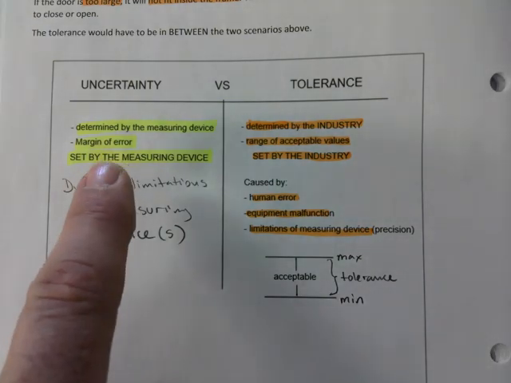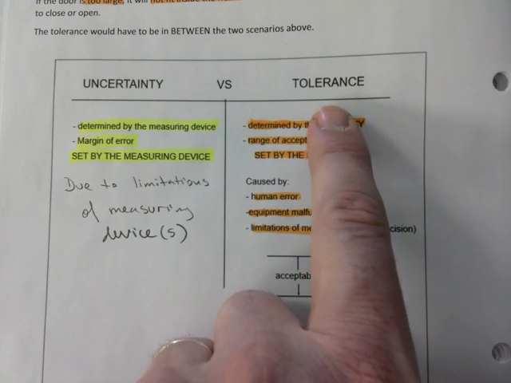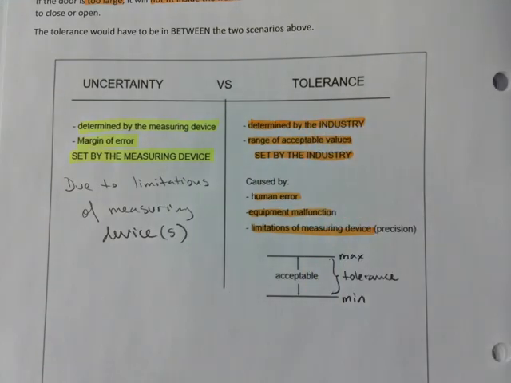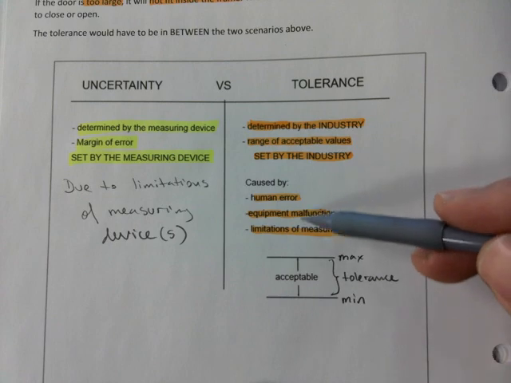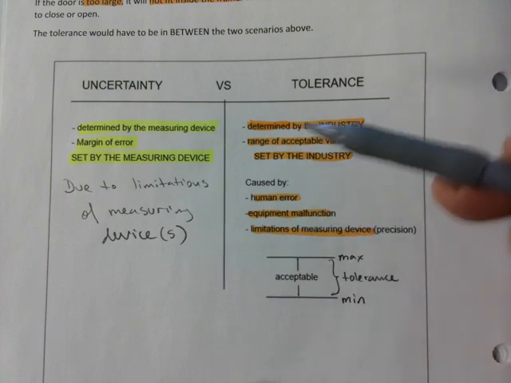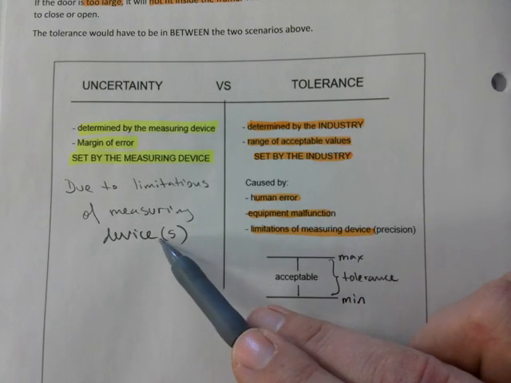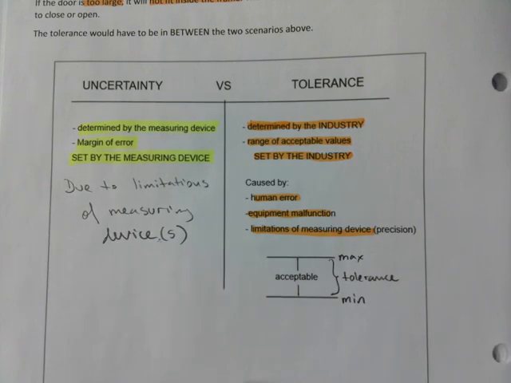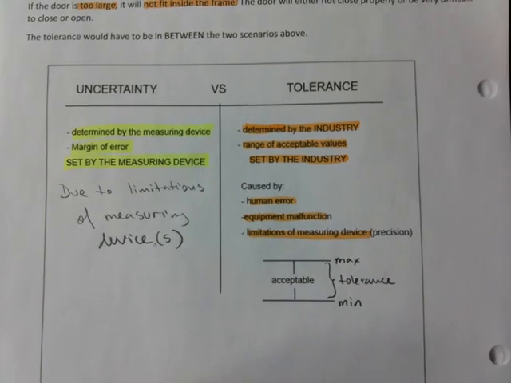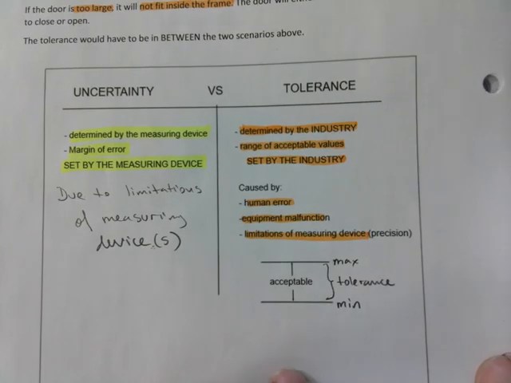This one is because of the measuring device. This one is set by the industry and it has to do with a bunch of factors, one of which is this. Maybe as we do more examples, this will make more sense.